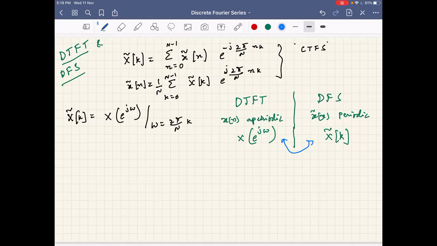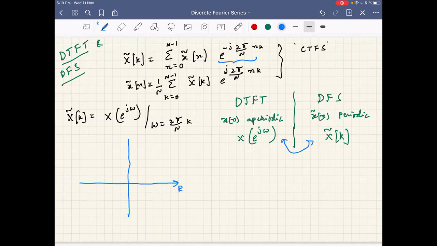Before we move on, since finding the discrete time Fourier transform and discrete Fourier series depends upon basis functions which are exponential in nature, let us see how the exponential basis functions can be visualized in the Z domain, right?